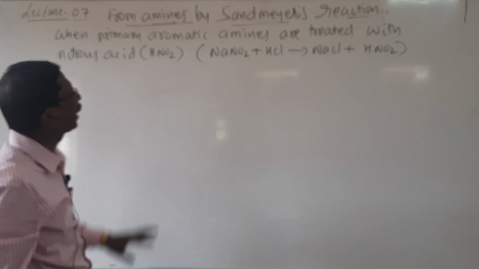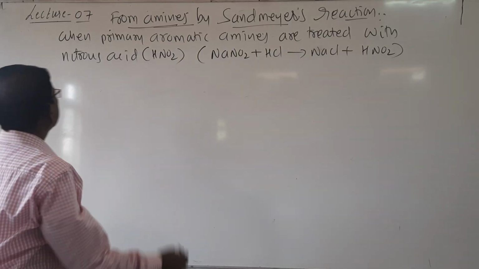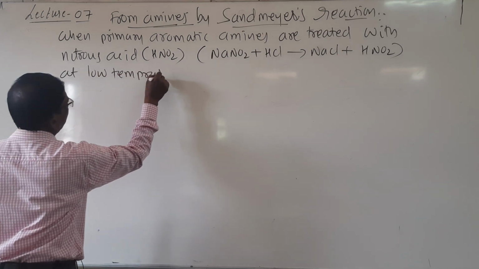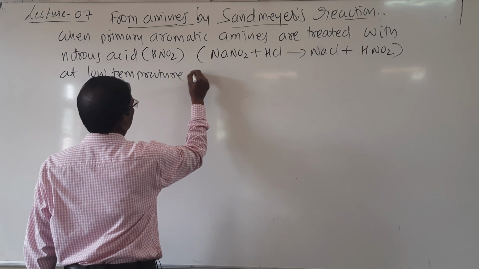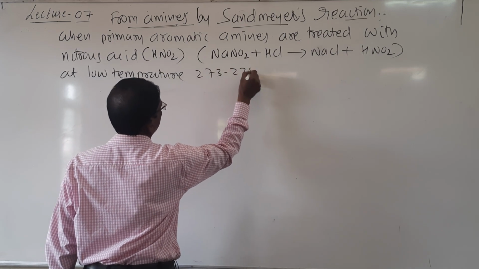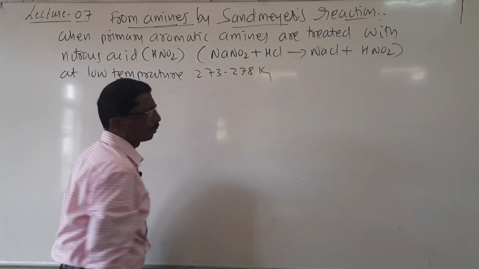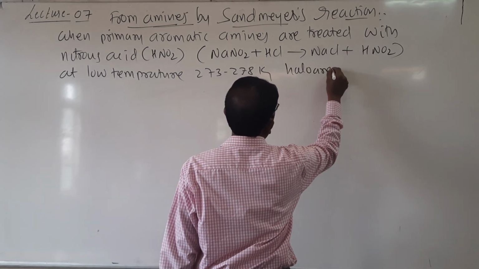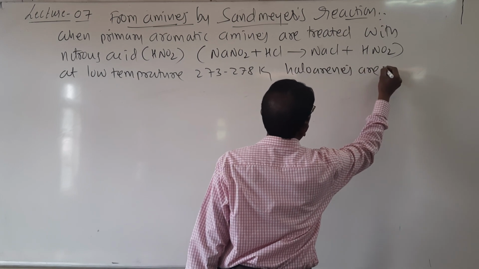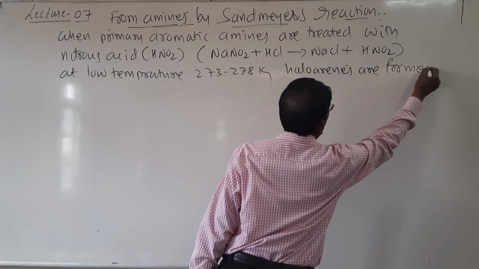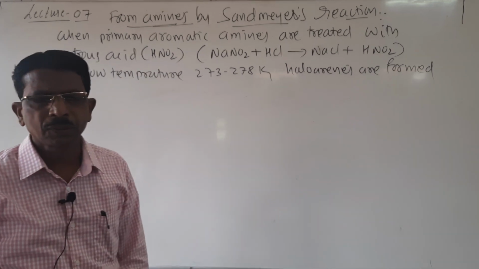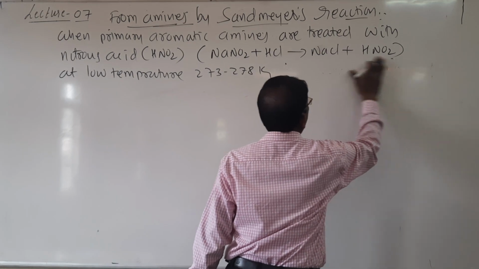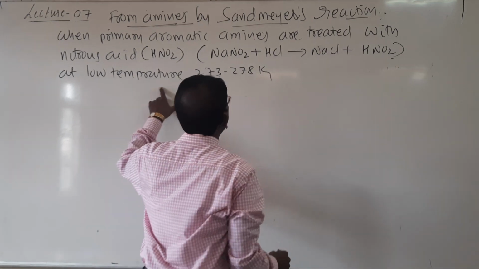So here the primary aromatic amines are treated with nitrous acid at low temperature, 273 to 278 Kelvin, and haloarenes are formed. So here you will get haloarenes. That is the first; otherwise you will write direct, that is another one step I will add here.